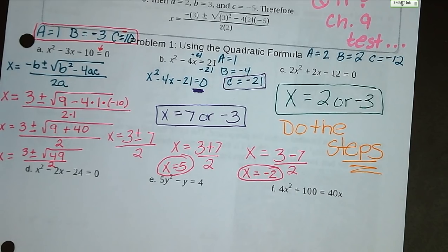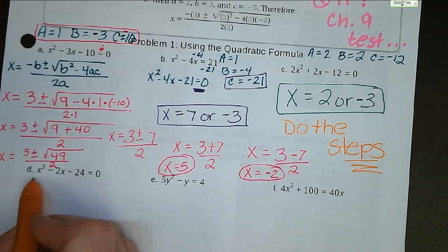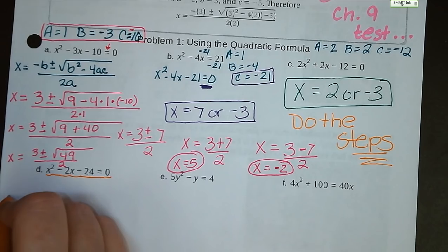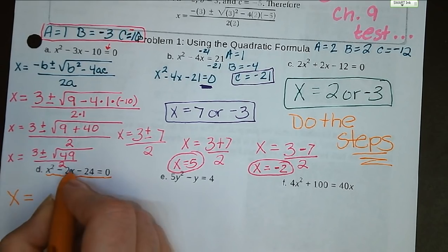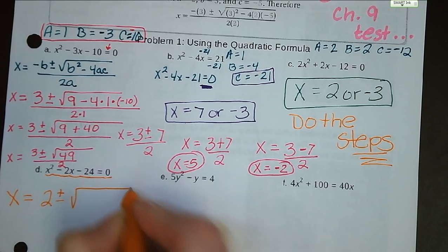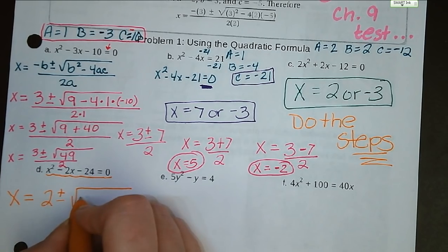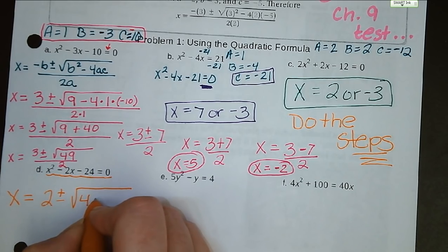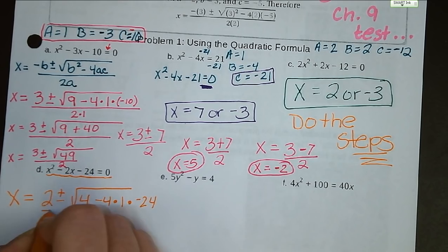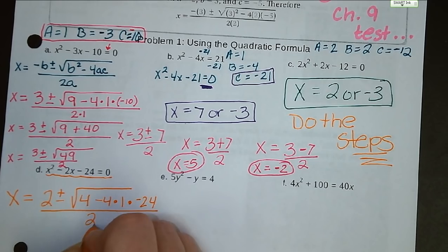Okay. So, letter D, we've got x squared minus 2x minus 24. So let's plug those into the quadratic formula. X equals the opposite of b, so the opposite of negative 2 is positive 2, plus or minus the square root of negative 2 squared, which is 4, minus 4 times 1 times negative 24, all over 2 times 1.